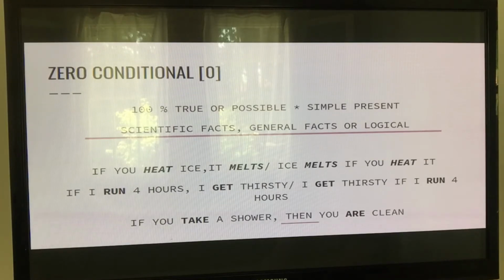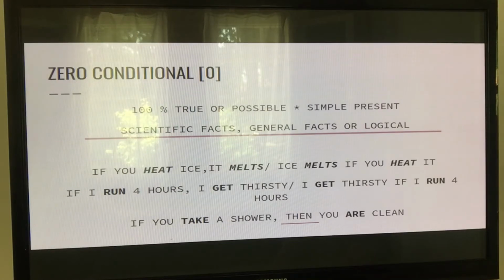So you already know that whenever we use conditionals, it is because we want to express a situation that has a cause and also has an effect or a result. Whenever we use a zero conditional, it is because we're talking about things that are 100% truthful, or possible.